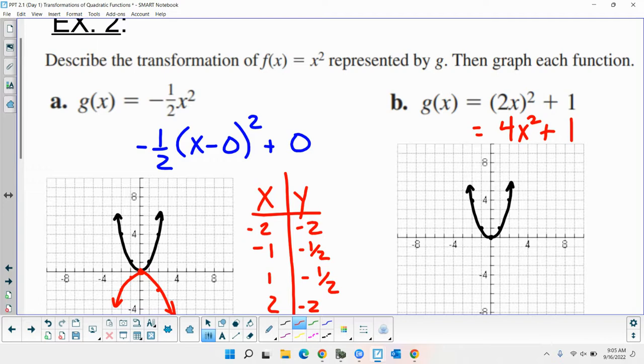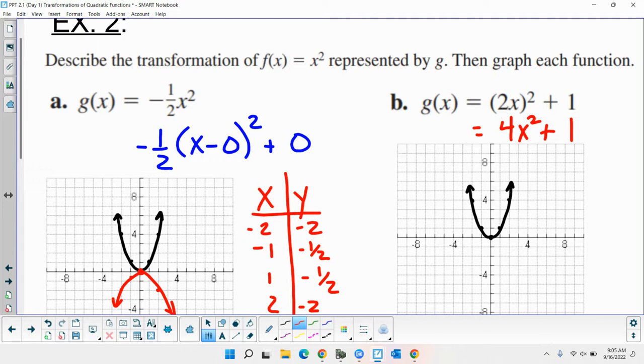So, what's happening? Where's my new vertex going to be? Alec? Would it be the left 4? No. That's if I would have written x plus 4 in parentheses.